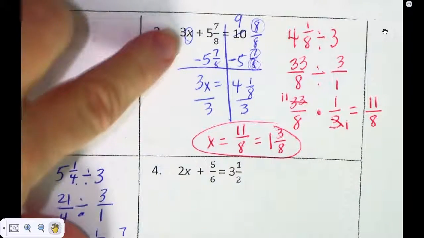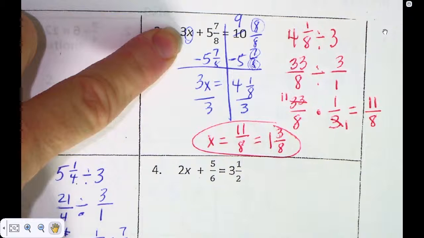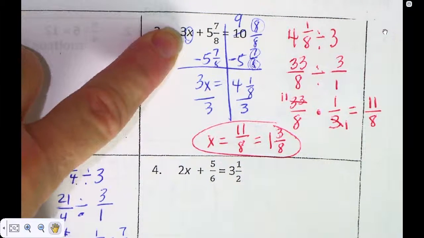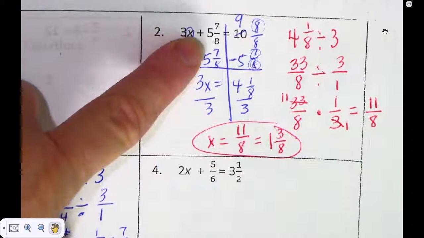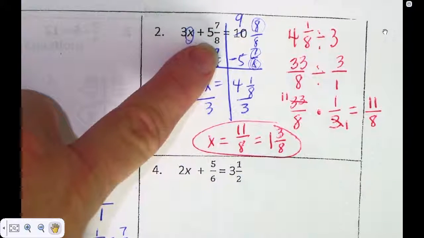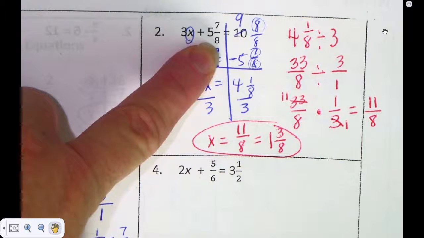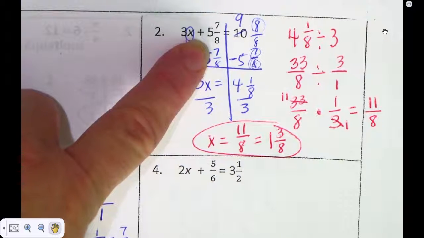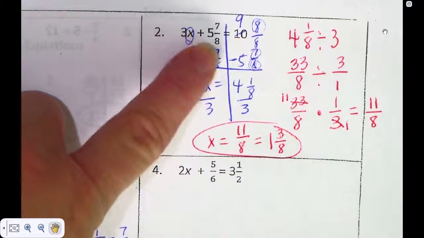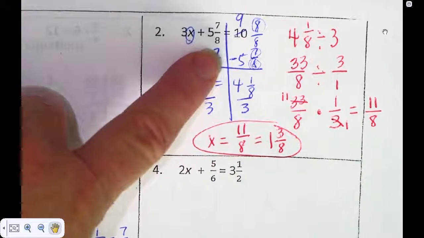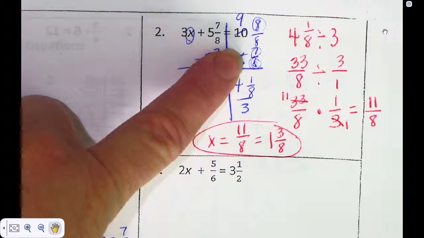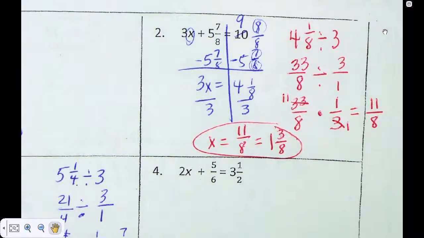You're going to go 3 times 11 divided by 8 plus... Does anybody know the decimal for that? 5.875. Good. Equals, did you get 10? Excellent.